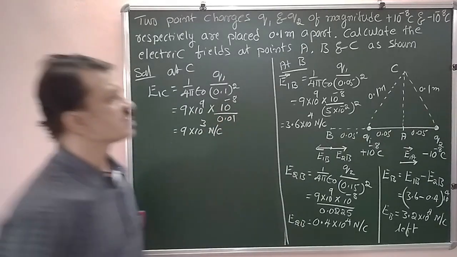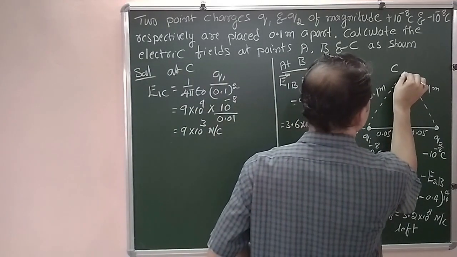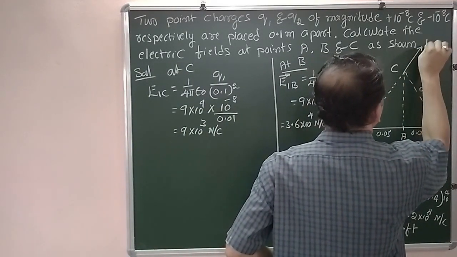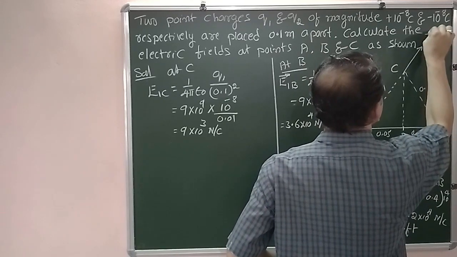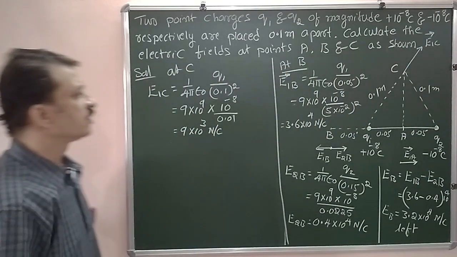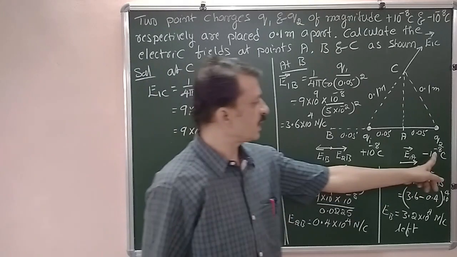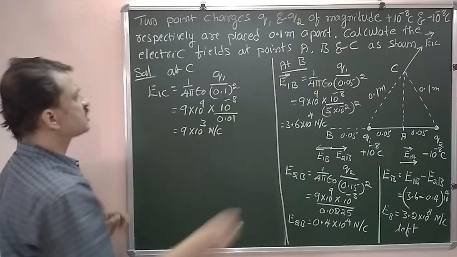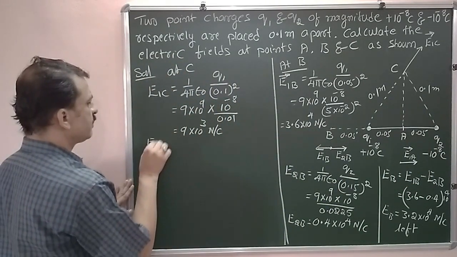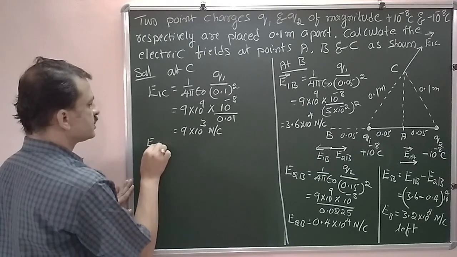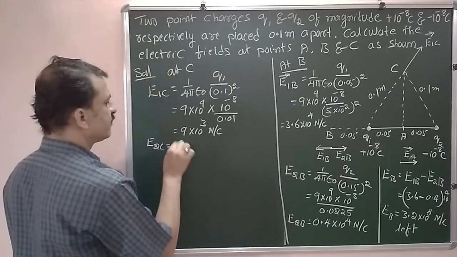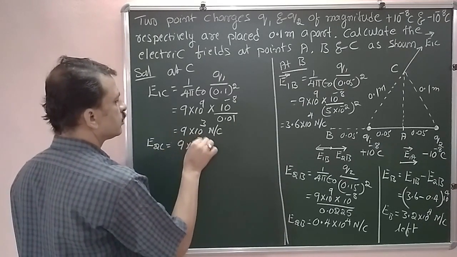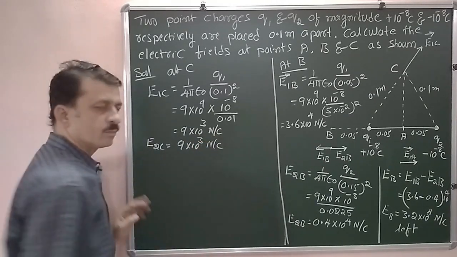Now what is the direction of this one? Since it is a positive charge, it is moving away. E1C is along this direction. Similarly, due to the negative charge, which is at the same distance, we have the same magnitude. E2C is also 9 into 10 to the power of 3 Newton per Coulomb.